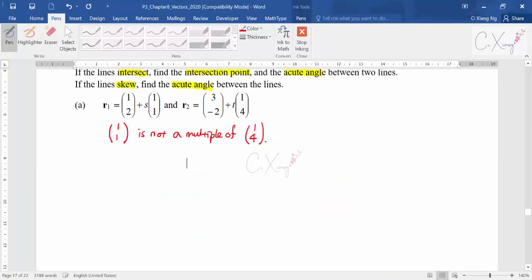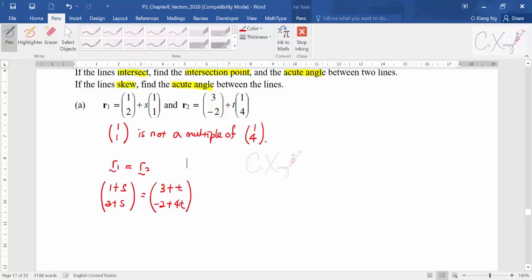Okay, so that means I need to let R1 equal to R2. All right, so I'll put it in this form now: (1 plus S, 2 plus S) is equal to (3 plus T, -2 plus 4T). Okay, so how to solve and how to get the S and T?